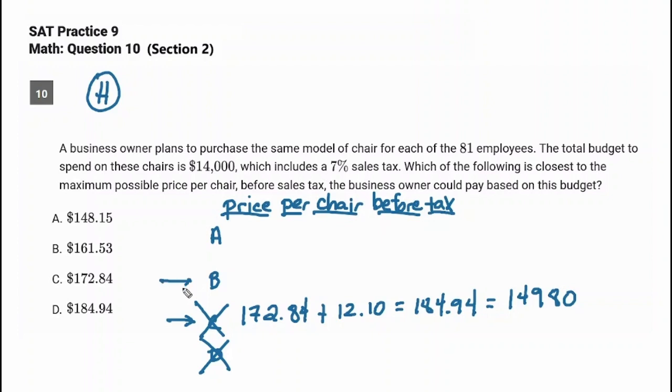Let's try B. If the price is $161.53, let's do the same process again. 161.53 times 0.07, not 0.7.